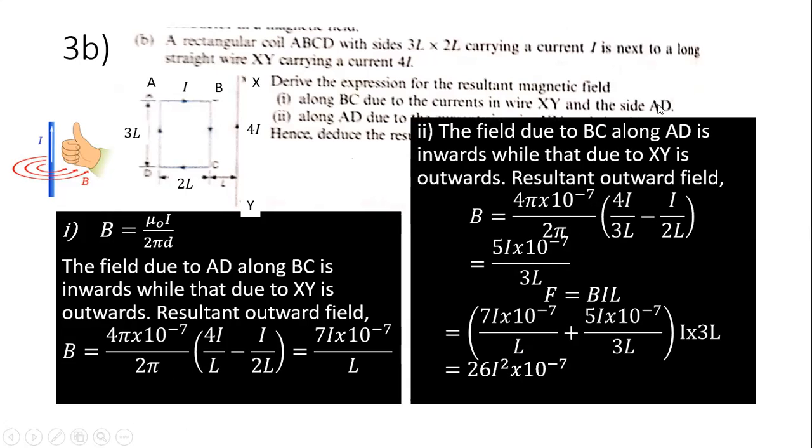We choose the direction coming out as positive, going in as negative. That's why we can add these two together, because they are vectors. And I is I for the coil, L is 3L, that length. Then we get the answer.